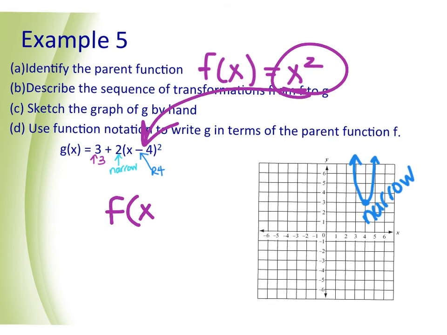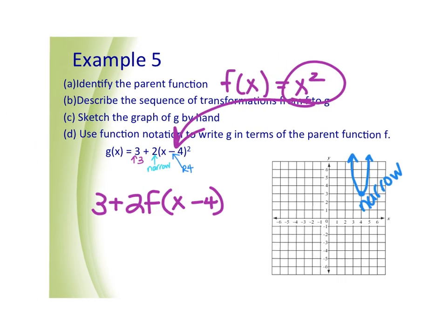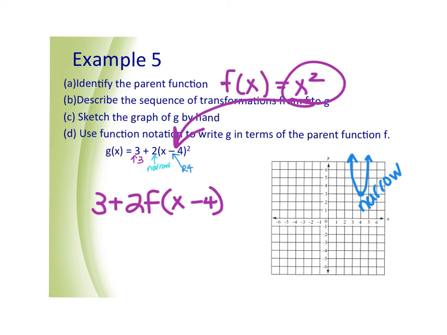What's after x in the shifted function? Minus 4. It's the same exact thing as going to carry over. The only difference is I'm already saying that this is squared. So all I have to do to this is now multiply it times 2 and add the 3. And I've taken my g and wrote it in terms of the f of x.